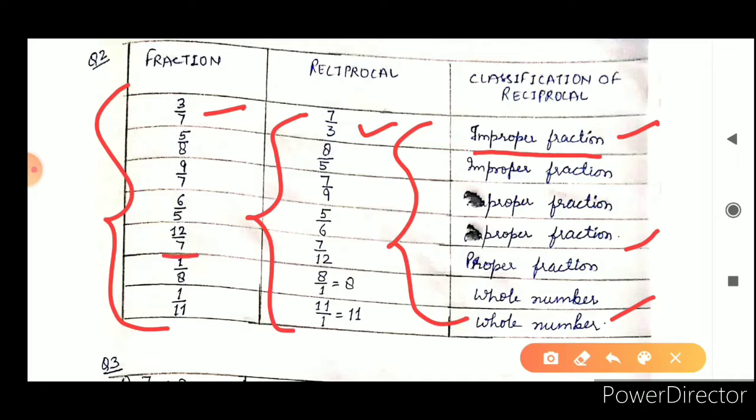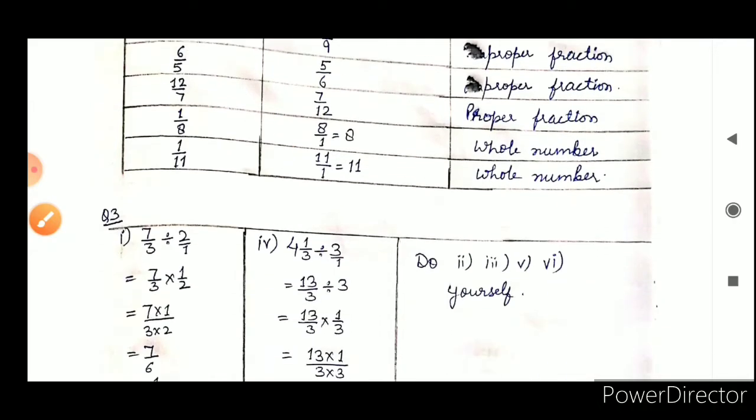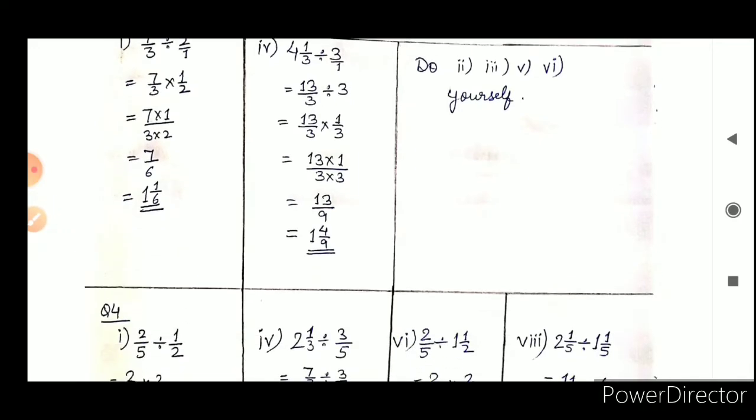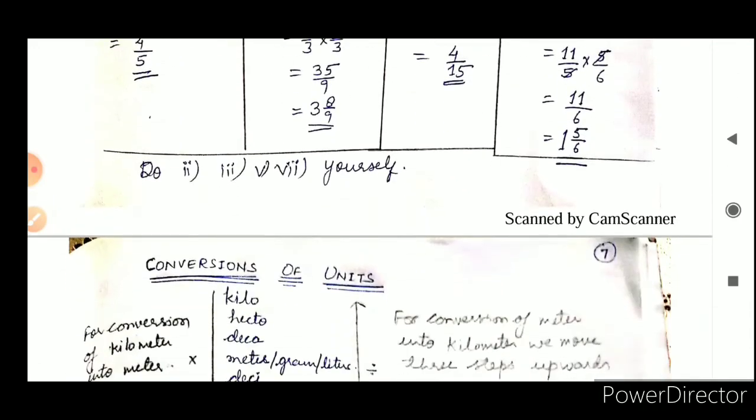Now 12 by 7 is a given fraction, its reciprocal will be 7 by 12 and its type will be a proper fraction. Now 1 by 11 is the given fraction, so its reciprocal will be 11 by 1. There is no need to show 1 in the denominator, and we know that if 1 is in the denominator it's a whole number. Now come to the next question. In question number 3 also you need to do the same thing. I have done all these questions.